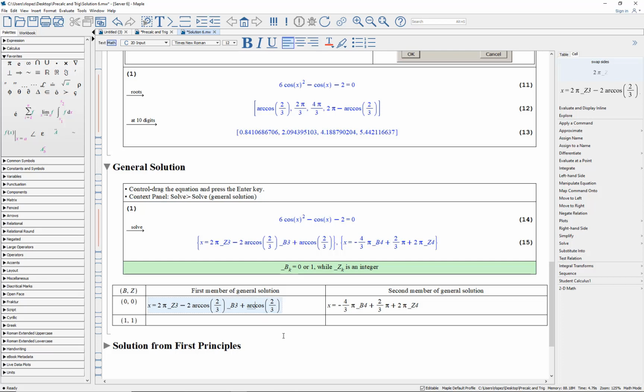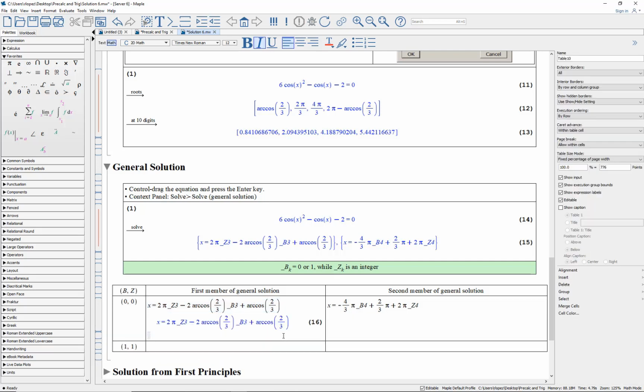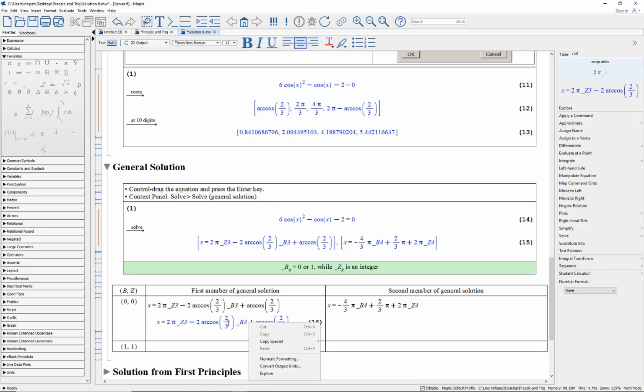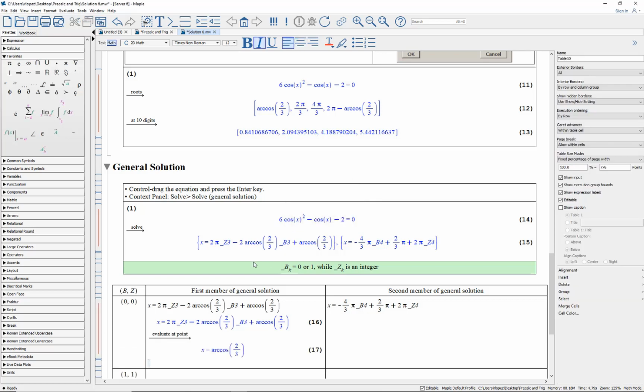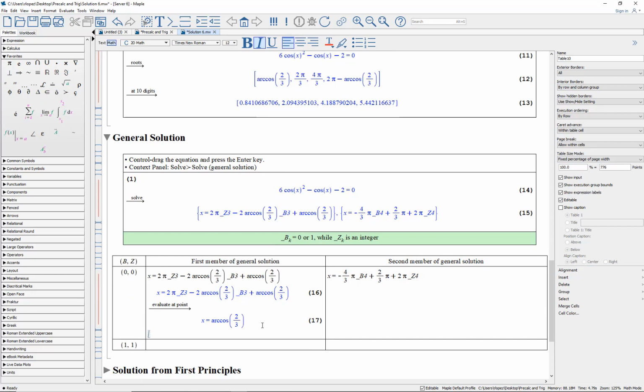And the way I think I'll do that is I'll press the Enter key. I have an equation label that I can make use of eventually. Here I want to go to evaluate at a point. And in this pop-up, I can give the B parameter value 0 and the Z parameter the value 0. That gives me one solution.